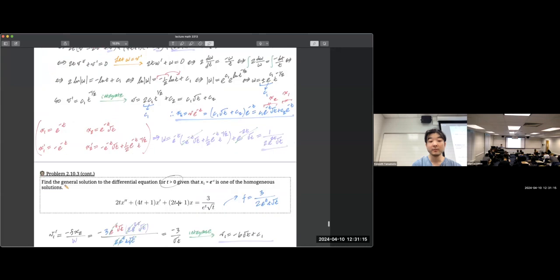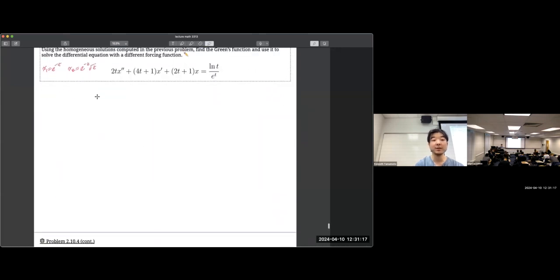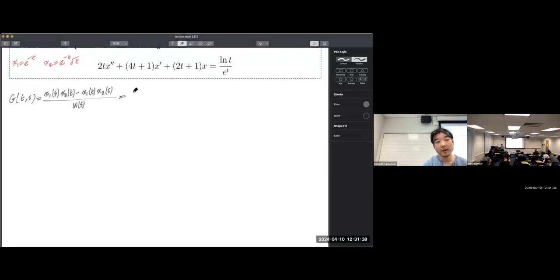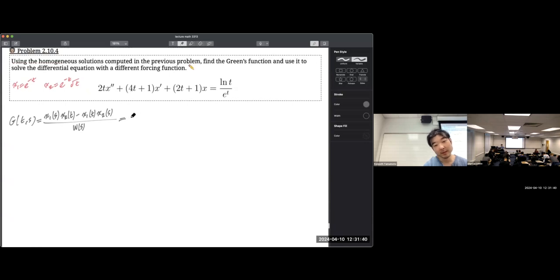So we're going to compute the Green's function. This is the Green's function equation: G of t comma s is equal to this. For our particular problem, our x1 is e to the negative t.